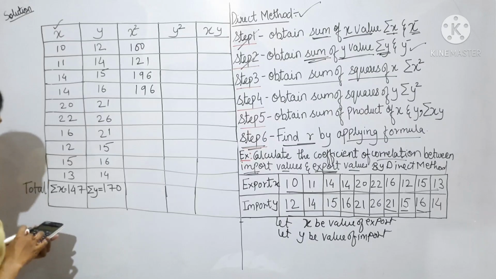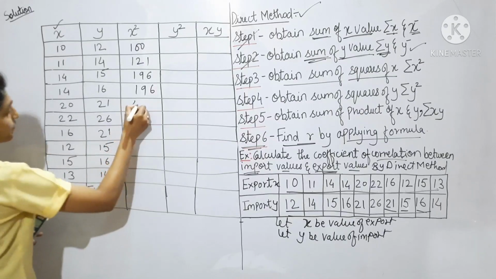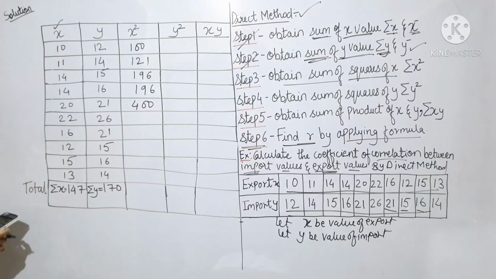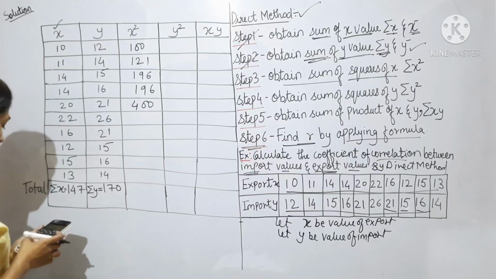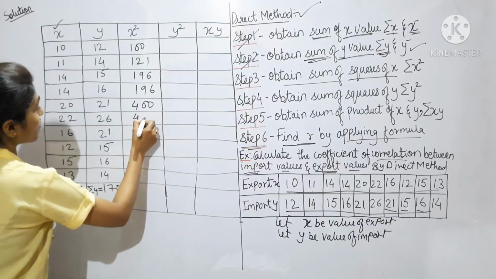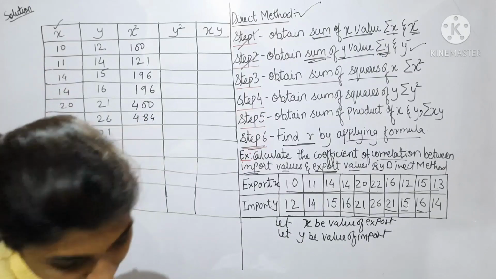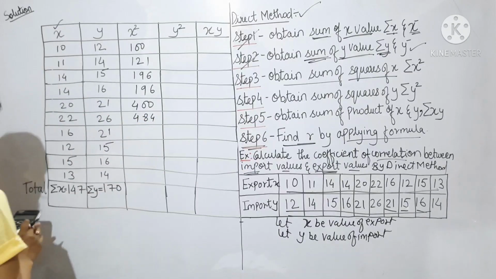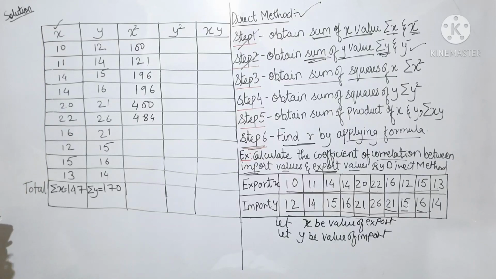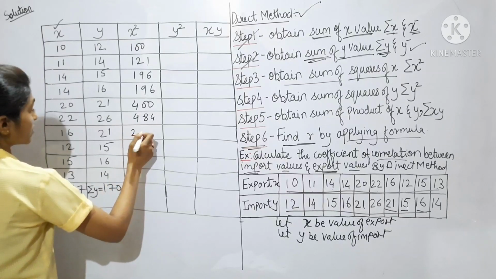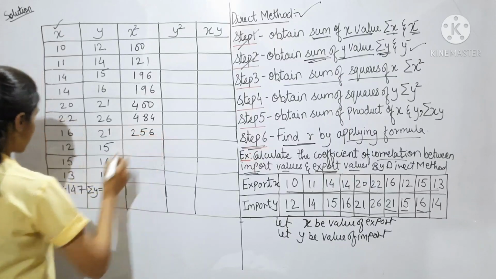Square of 20, 400. Square of 22, 484. Square of 16, 256.